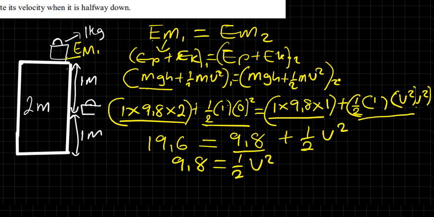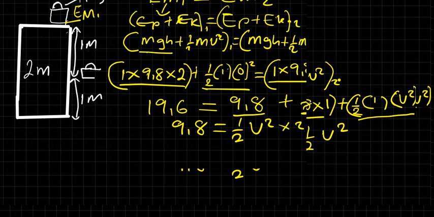What I'm going to do next is get rid of these 2s here. To get rid of the 2, I can multiply both sides of the equation by 2. So if I multiply this side by 2 and this side by 2, this 2 cancels this 2, so I'm going to have 19.6 equal to v squared.